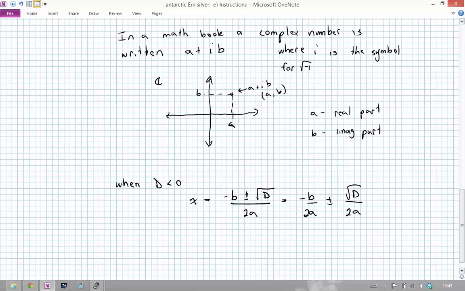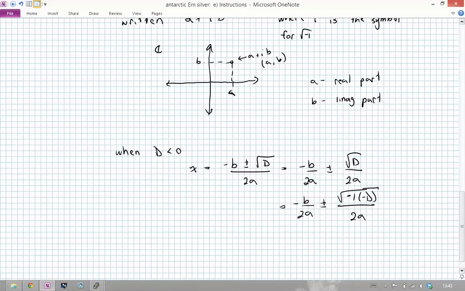We still don't quite see the real and imaginary parts yet. I'll pull that out for you right now. So, d is the same as negative 1 times minus d. Agreed? d is the same as negative 1 times minus d. So it's a bit of algebraic trickery here.